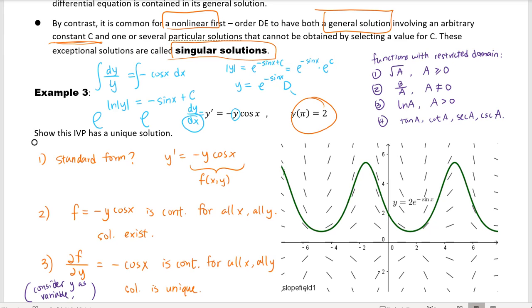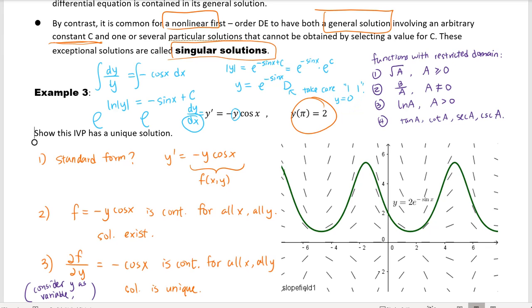Renaming this new constant takes care of the absolute value, and we also get back the solution y equals 0. y equals 0 is actually a solution of this differential equation, because if y is constantly 0, then y prime is 0, so 0 equals 0. But at the first step, when you divide by y on both sides, you're assuming y is not 0. That's why renaming e to the c as a new constant gets back this solution.